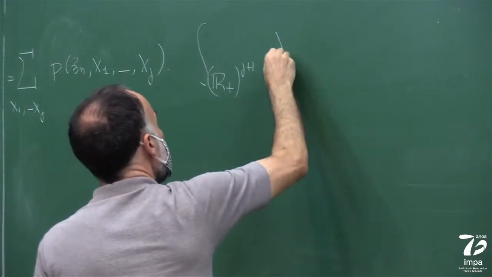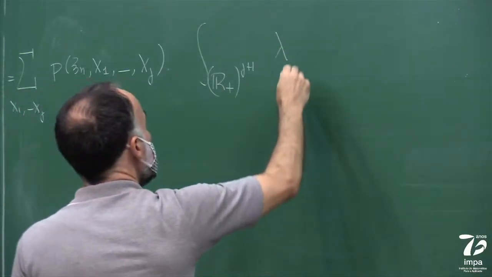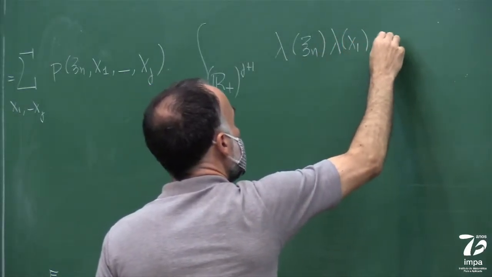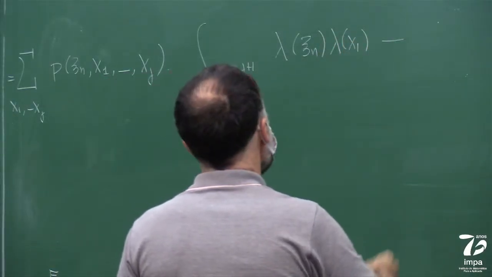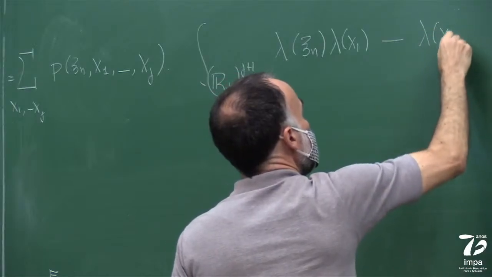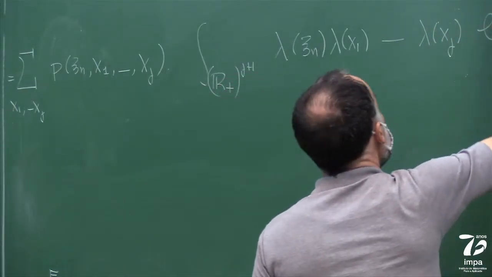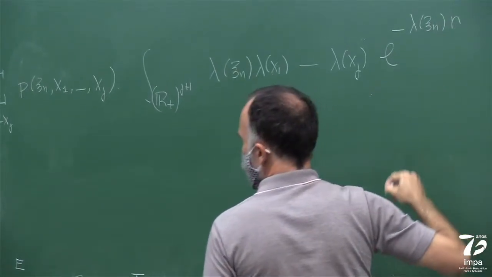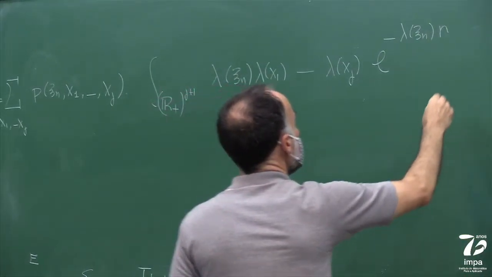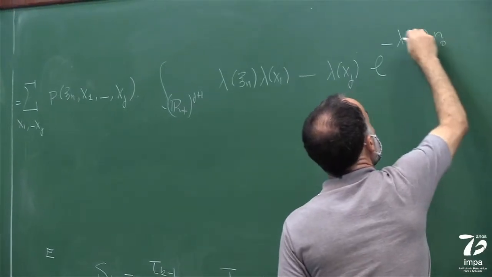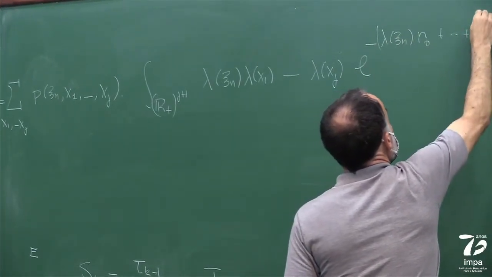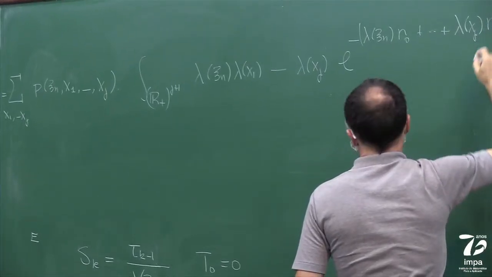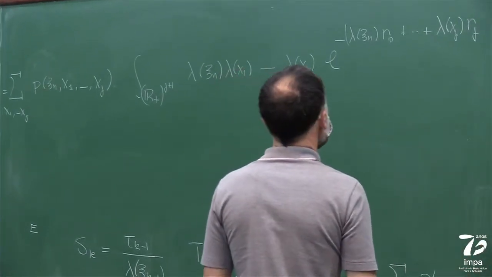And now, when I change variables, I have lambda psi n, lambda x1, up to lambda xj, exponential minus lambda xn r0 plus up to lambda xj rj.